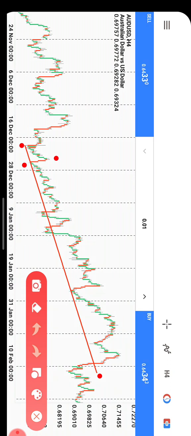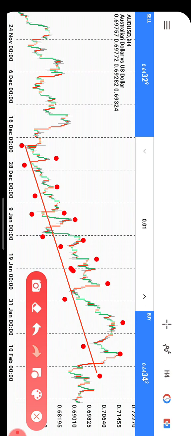So this is a higher low, higher high, higher low, higher high, and so on. Can you see? That's how it works. So this is showing you that the market is forming an uptrend.